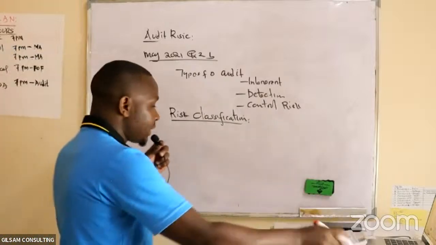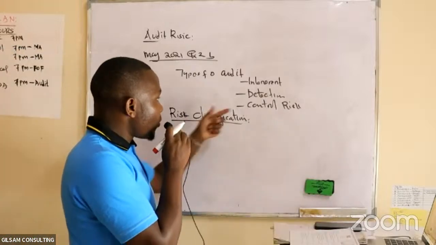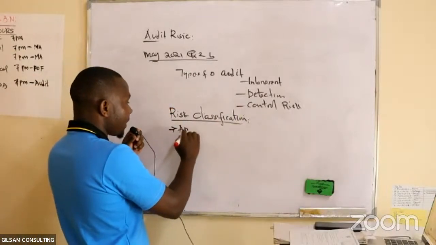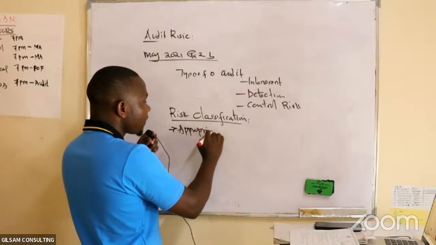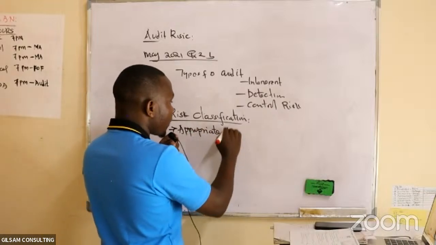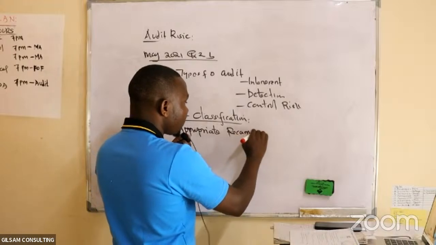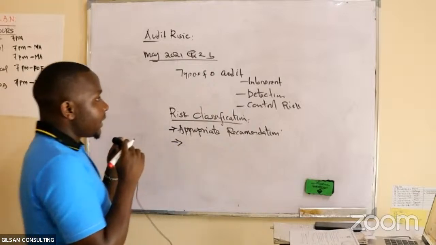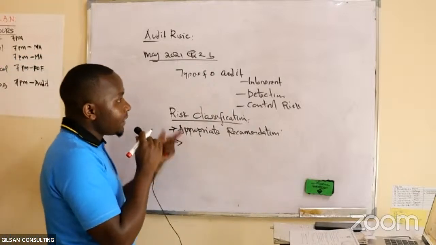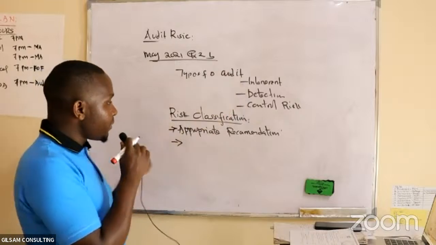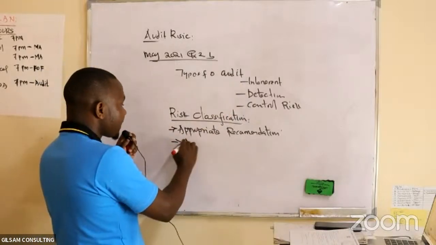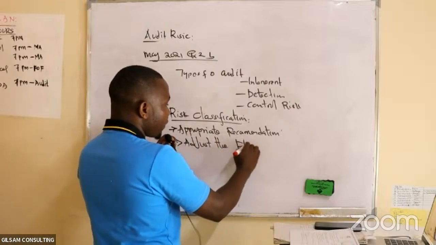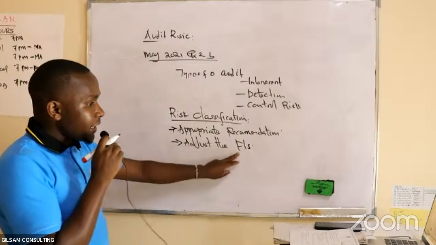So any benefit which will accrue to this audit firm when they classify this audit risk is that they will get an appropriate solution, or the recommendation. Also, they will know whether to amend or adjust their financial statements.